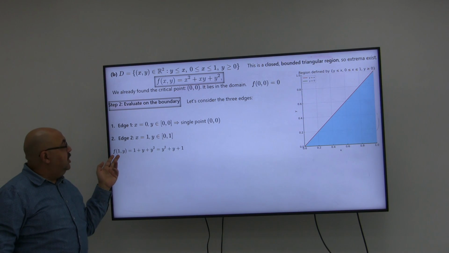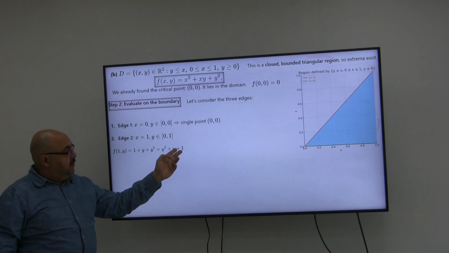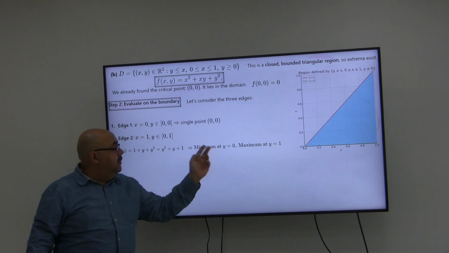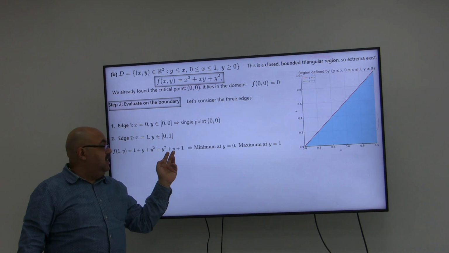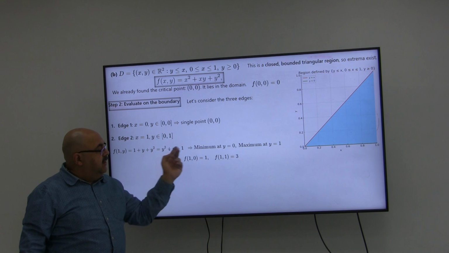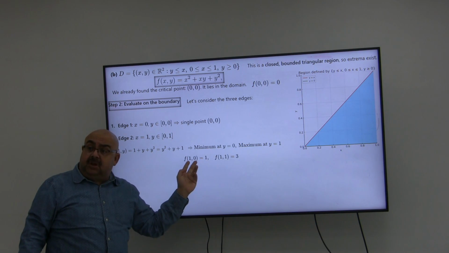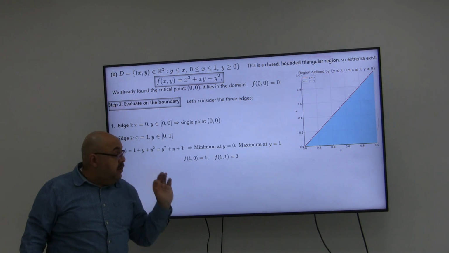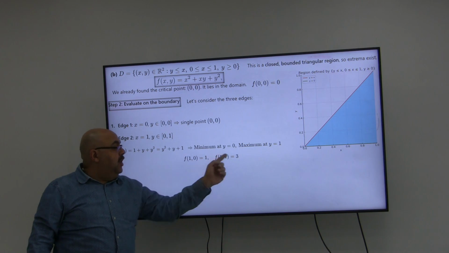Once you substitute with this relation, you will have y squared plus y plus 1. This value will be minimum when y is equal to 0, and maximum when y is equal to 1, and it will equal 3. So these are the values of the function at the edge, between 1 and 3.